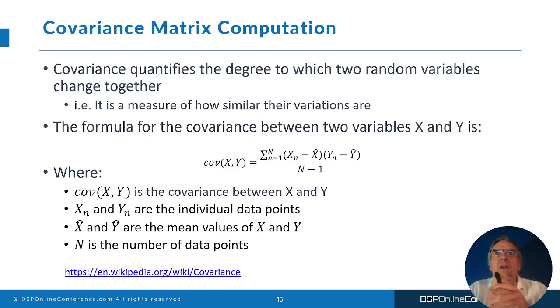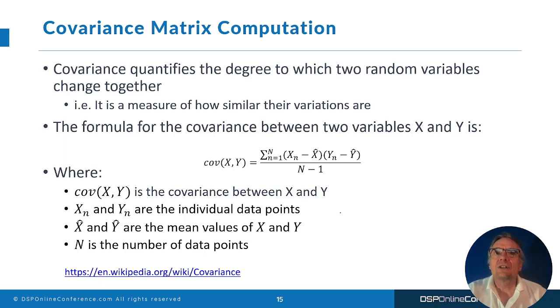So if variable x varies in one way and the variation of variable y almost exactly tracks the variation of x, then the covariance has a high value. If the variation of y is completely random compared to the variation of x, then the covariance is very, very low.